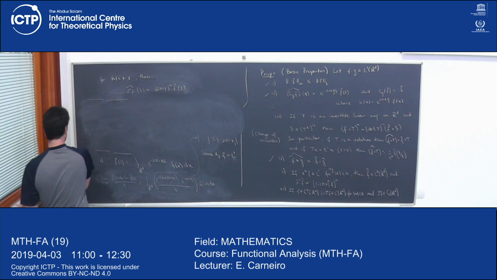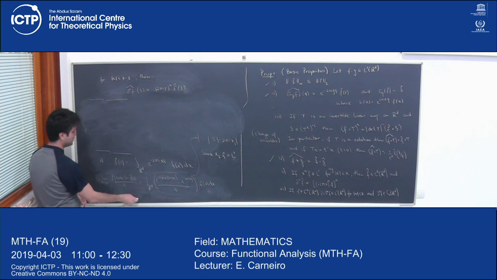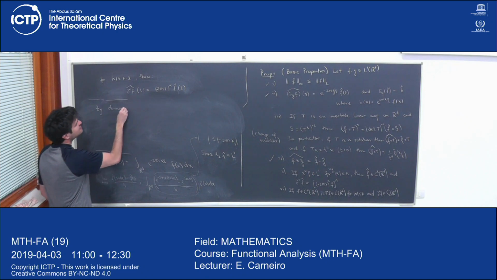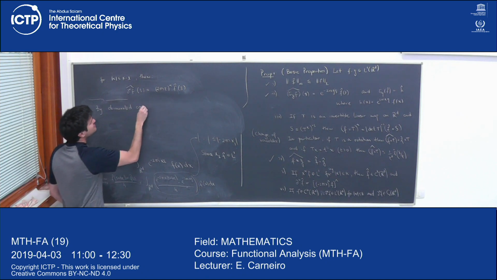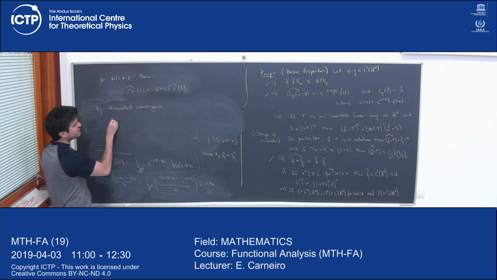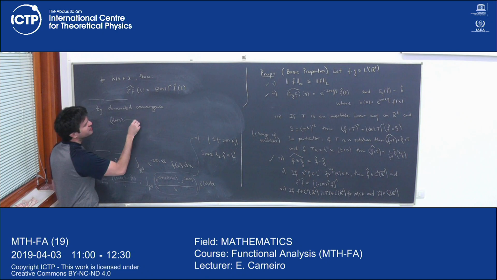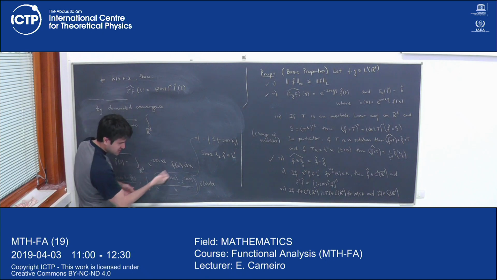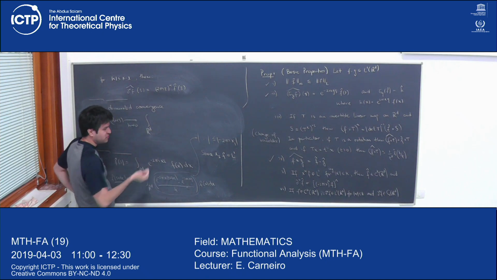So by dominated convergence, the right-hand side would converge, when h goes to 0, to the integral of the limit here. But this is a differentiable function. When h goes to 0, you know what the derivative is.